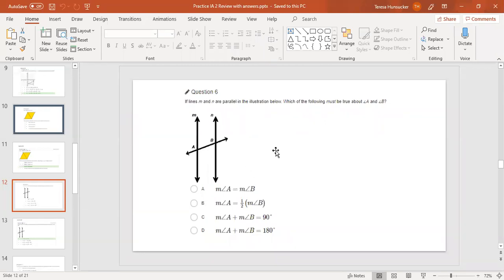Question 6. If lines M and N are parallel in the illustration below, which of the following must be true about angle A and angle B? First of all, if we know they're parallel, we have special angle pairs that are either supplementary or congruent. And remember, when two parallel lines are cut by a transversal, 8 angles are formed.